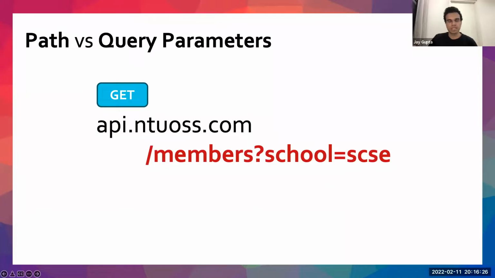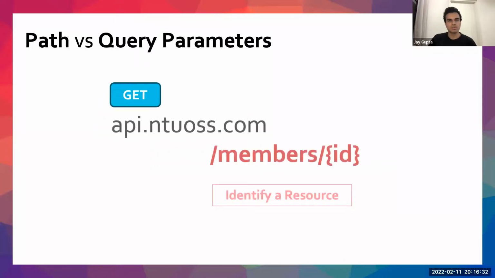I think you'll get a better glimpse of it in the next workshop, but just to give you a brief idea: if we use the path annotation, then we are trying to identify a specific resource. For example, if I have /members/j, then I'm trying to identify a specific resource.